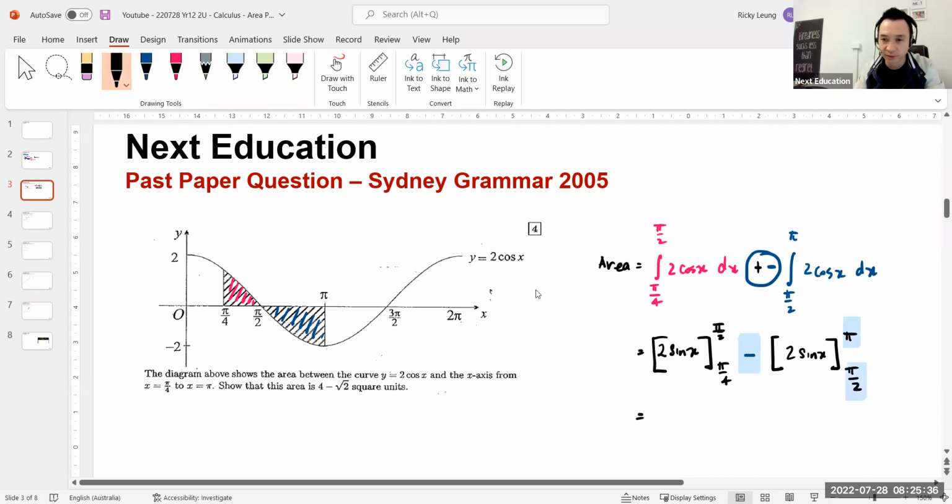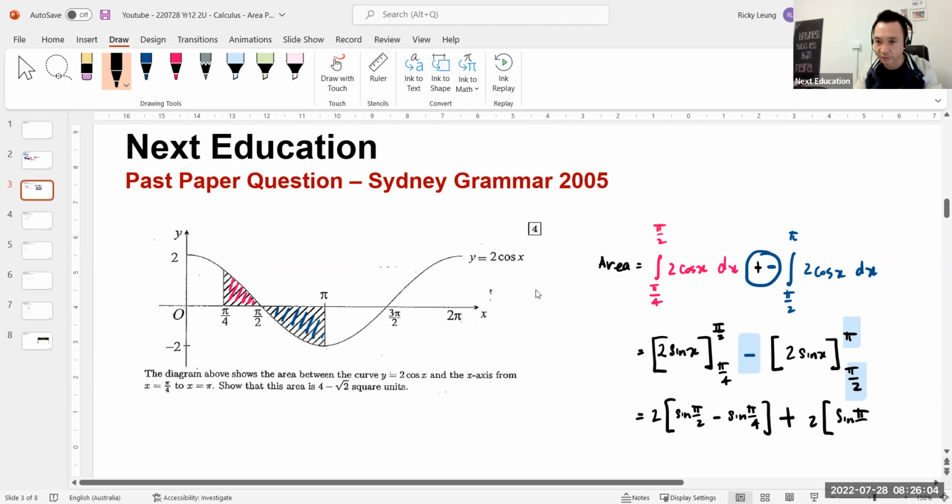Just easier to sub in stuff, right? So let's see. 2 sine pi on 2, just got to know your exact value, sine pi on 4. All right, I'm just going to make that into a plus and then reverse the limits. When I sub it in, yeah. Actually, let's take out the 2 as well.